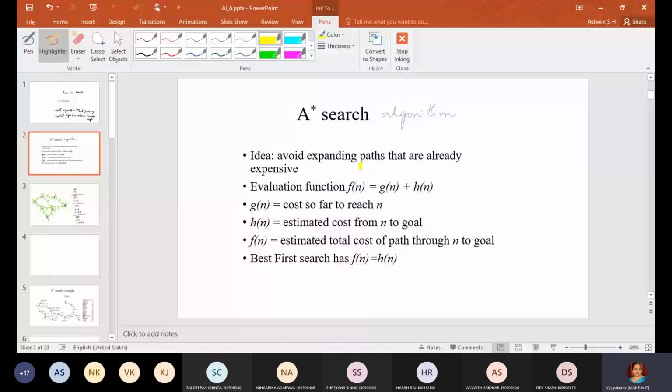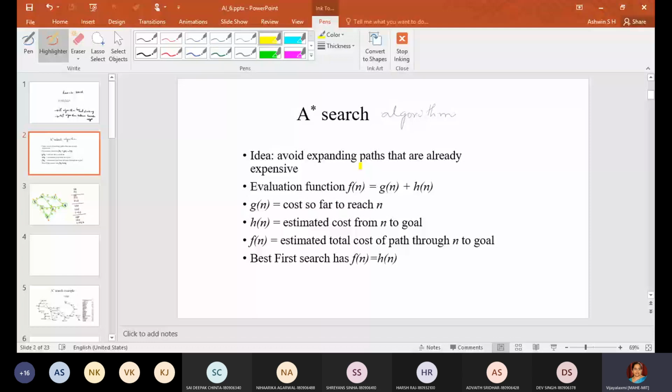For that purpose, we are using an evaluation function which is known as f of n is equal to g of n plus h of n. The entire A star search depends on this particular evaluation function.